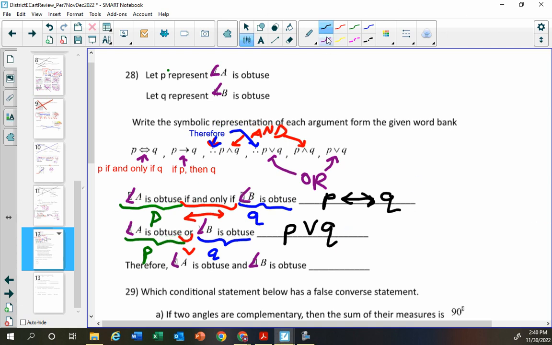Now the last one, the first word is therefore. Which symbol represented the word therefore? The three dots. Now, which letter was A is obtuse? P. And then you can do the arrow going up.